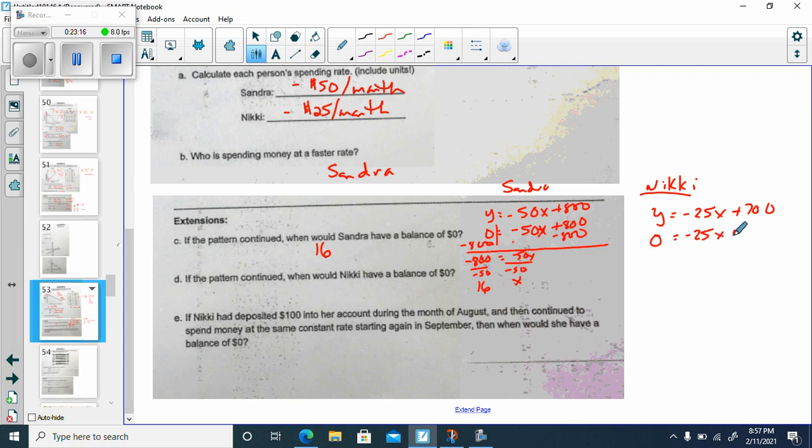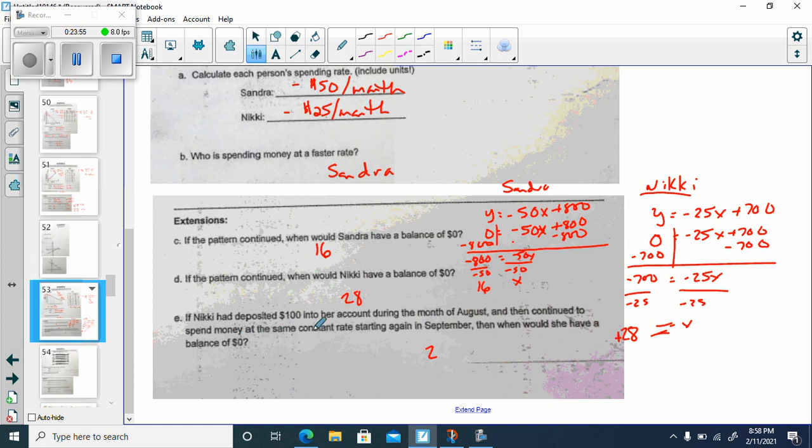I'd subtract 700 from both sides. That gives me negative 700 equals negative 25x. Divide both sides by negative 25. And x would be negative 700 divided by negative 25. Negative by negative is positive 28. So it would take her 28 months, right?